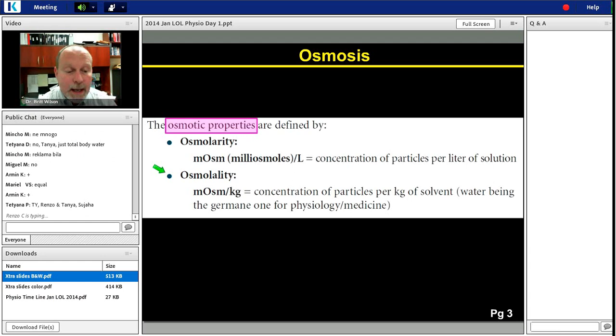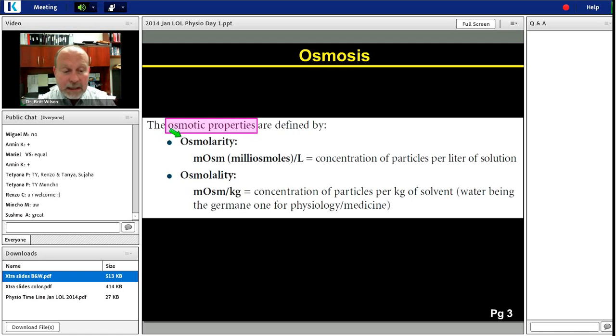So the term I'm going to use, the one I use with my students, is osmolality. If you're accustomed to osmolarity, just in your brain switch. If I say osmolality, you think osmolarity, it's good enough. So don't get hung up on the subtleties of the difference. If you were in a chemistry lab, they wouldn't like you.